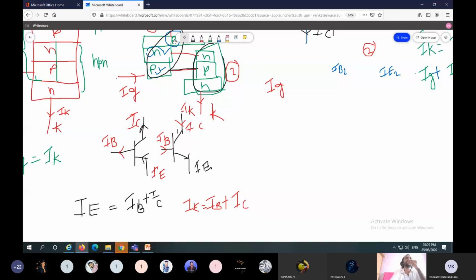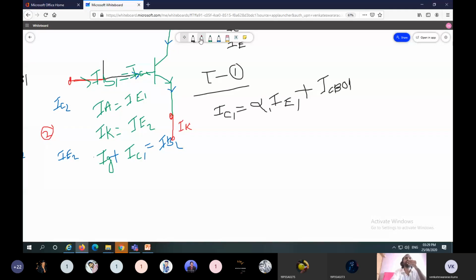Here IE equal to IB plus IC. From that IC equal to IE minus IB.